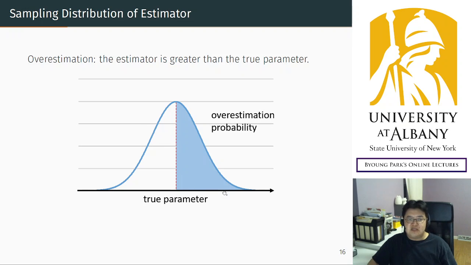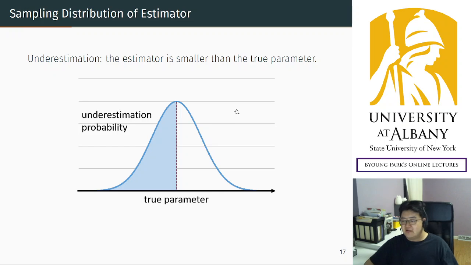So 50% is the overestimation probability. If you know the sampling distribution, you can calculate that. Similarly, you can use the underestimation concept. If the estimator is smaller than the true parameter, you are underestimating the parameter. Underestimation probability is this shaded area, which is also 50%.